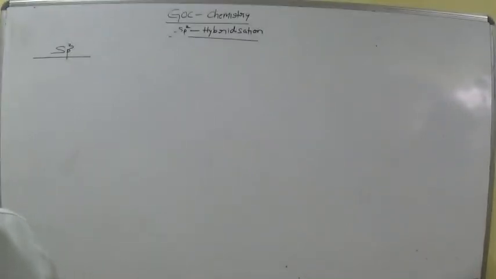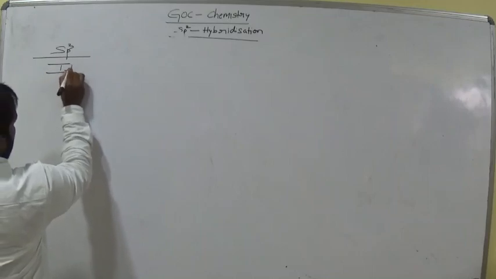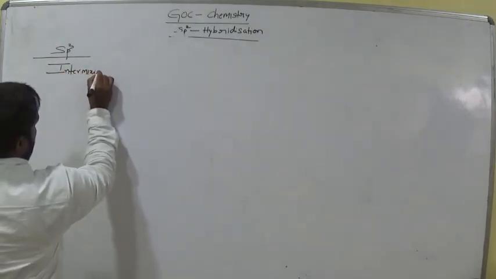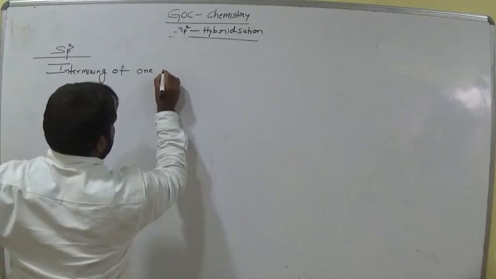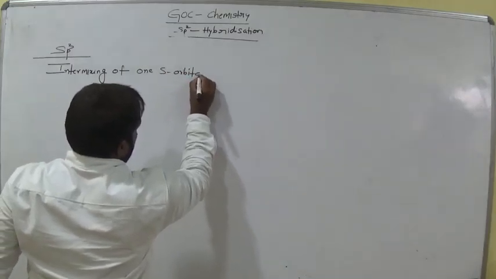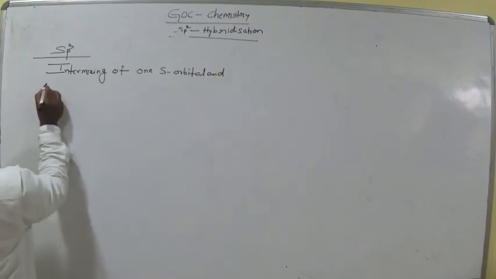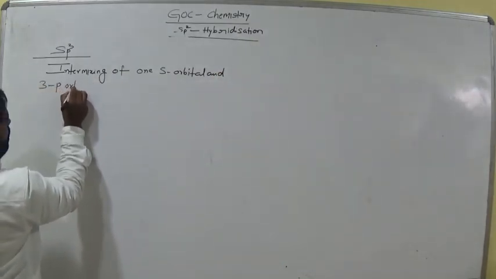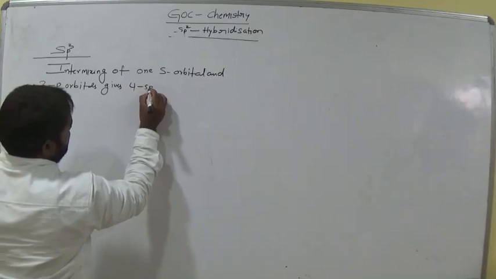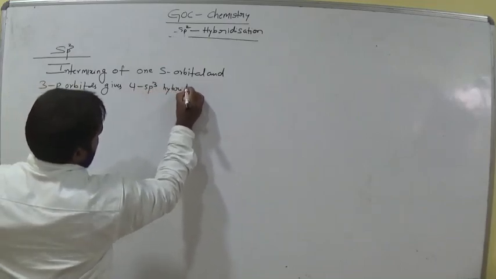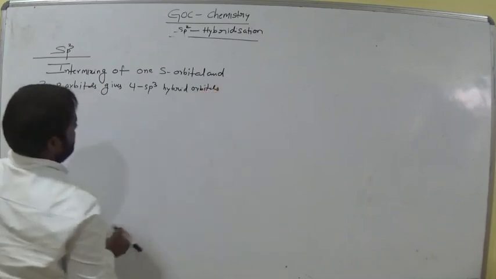What is sp3? Intermixing of one s orbital and 3 p orbitals gives 4 sp3 hybrid orbitals.